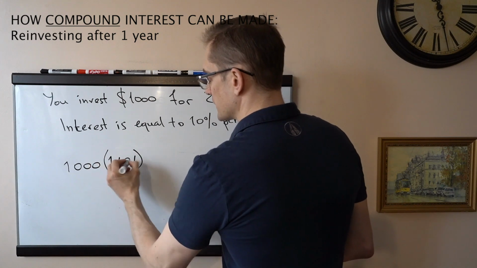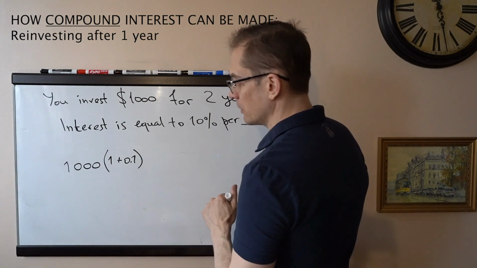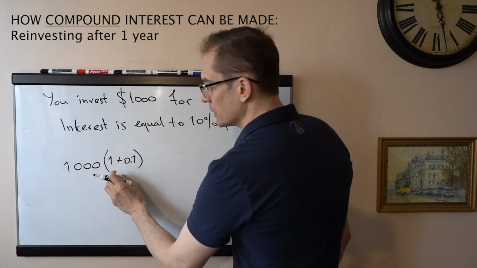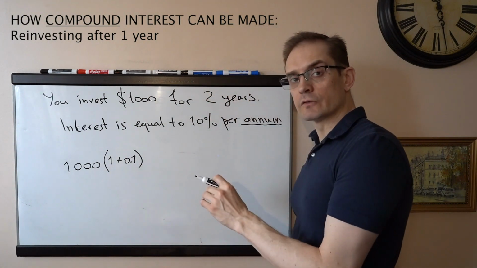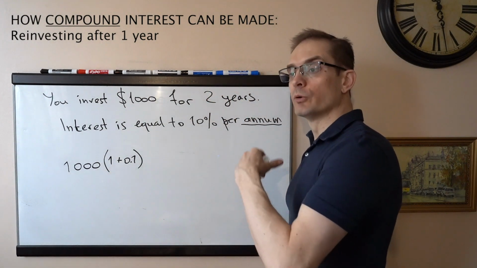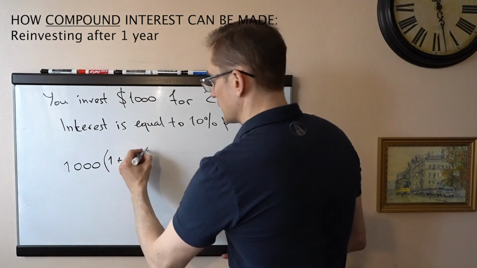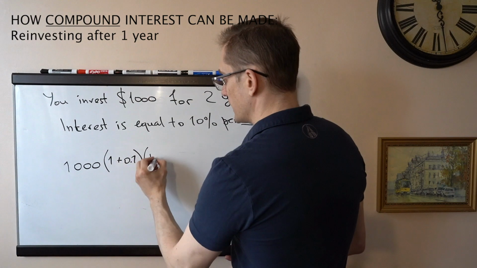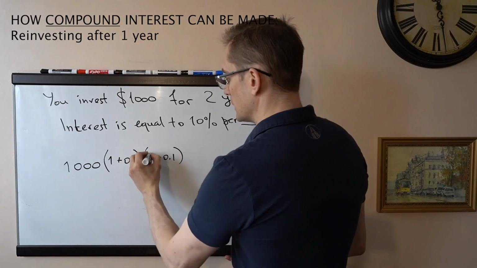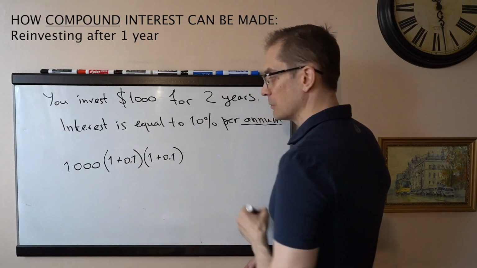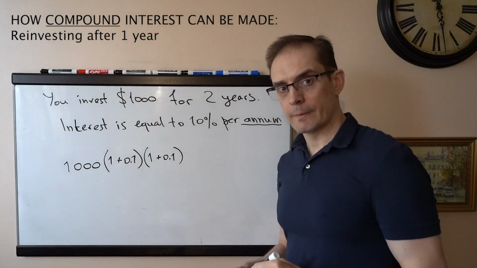So let me write it this way now. What you are doing now is that after 1 year, you're actually taking that amount from the bank and putting it back into the bank, okay? And after you put that amount back into the bank, you will increase it again by 10%.